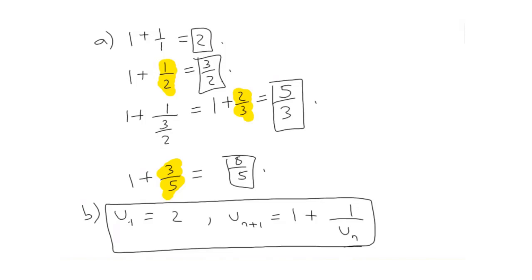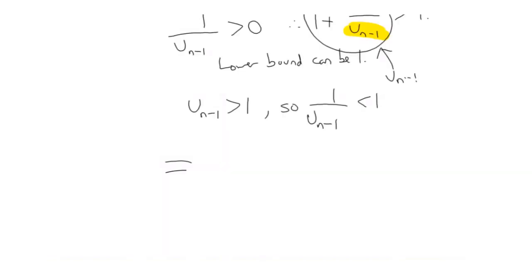So basically that means that we're taking the reciprocal part of the sequence term. If it's always less than 1, then we add it to 1, then we can put an upper bound on it of 2. So that must mean that 1 plus 1 over U(n-1) must be less than 2.